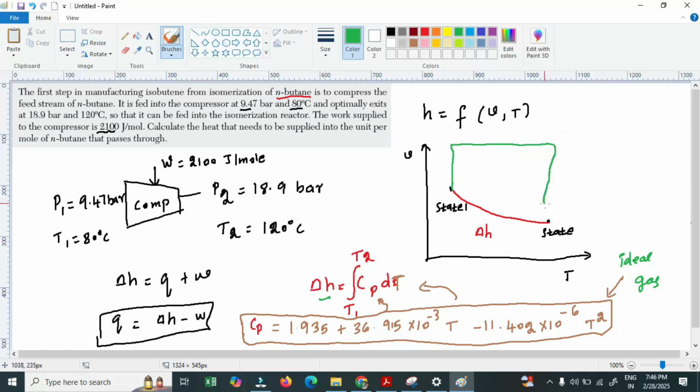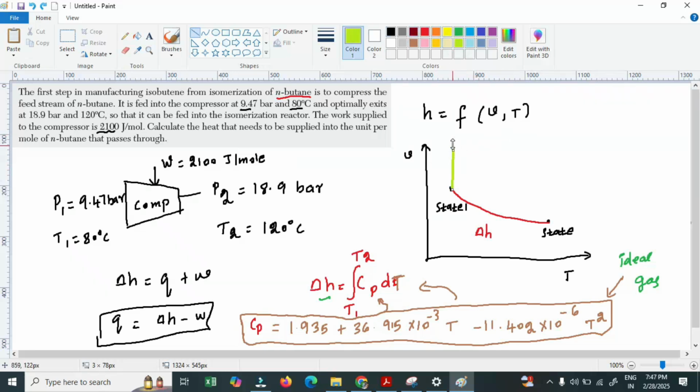What I'm assuming here is when I am doing my increase in temperature, it behaves like an ideal gas. So it is a hypothetical state.